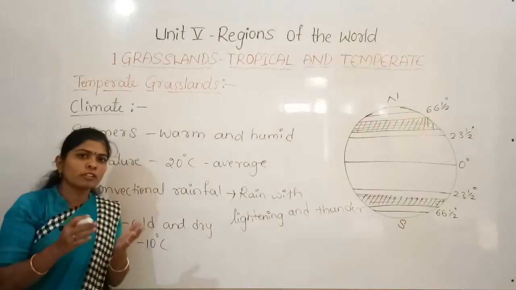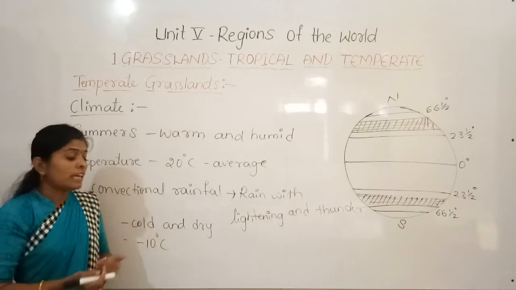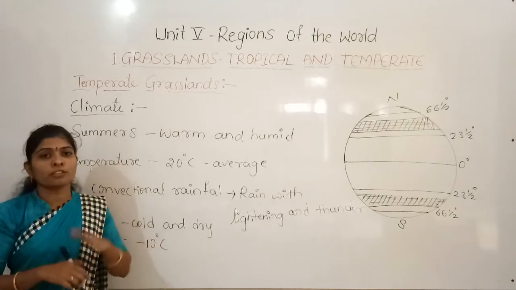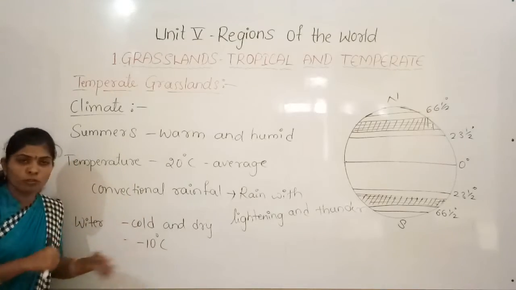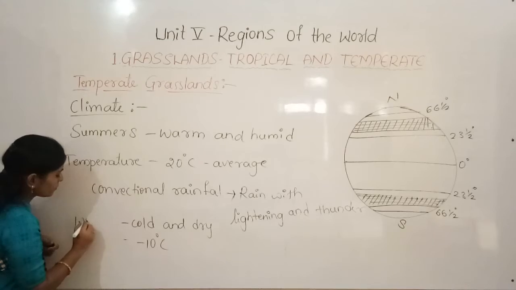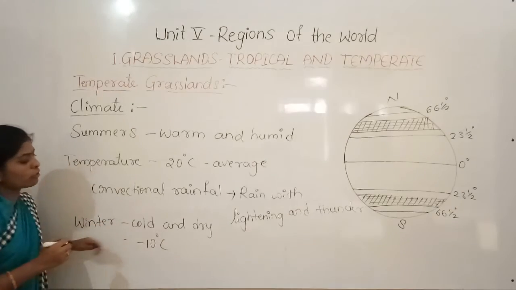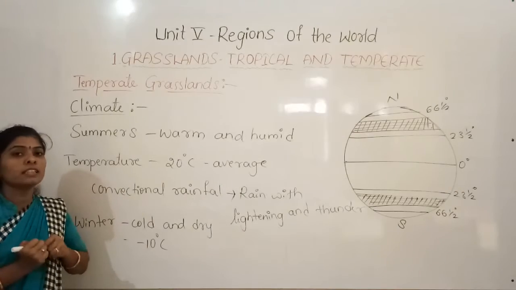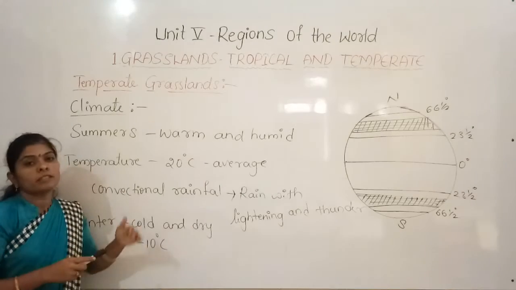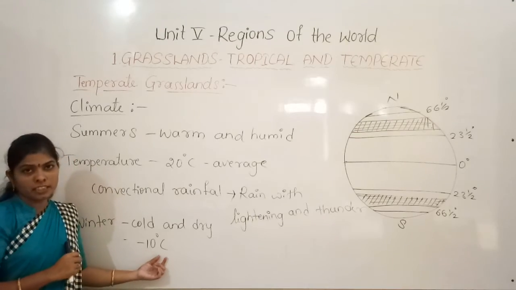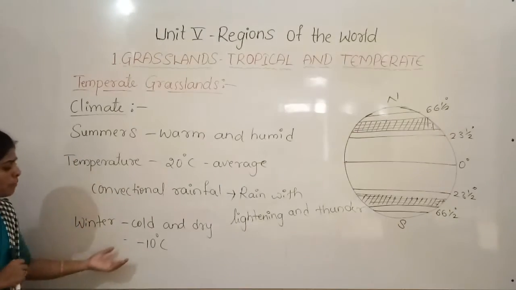So 0 degrees is already cold, and -10 is again lesser than 0 degrees. Just imagine how cold it is, right? So the winters are cold and dry, and sometimes the temperature goes below 0 degrees, that is, they will go down to -10°C.